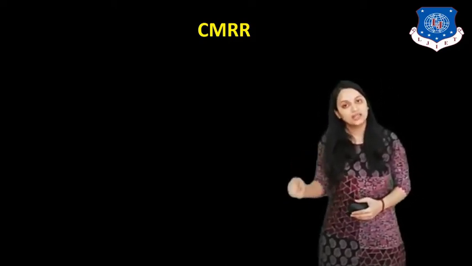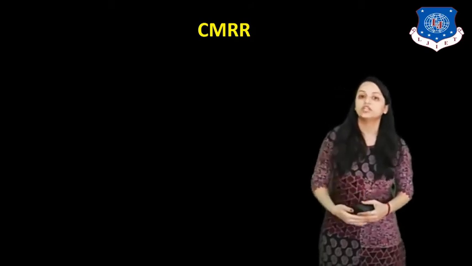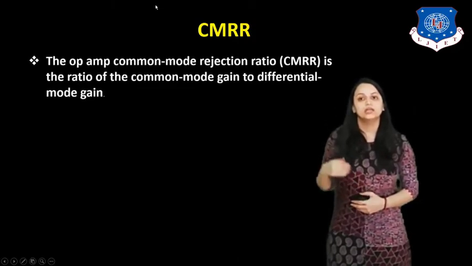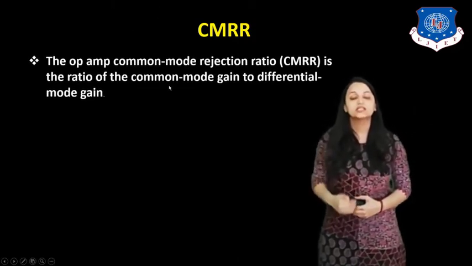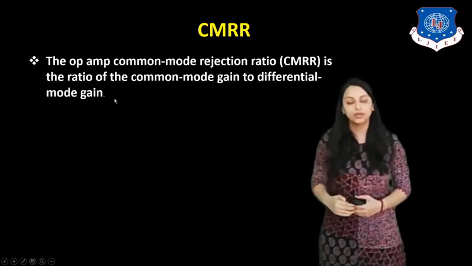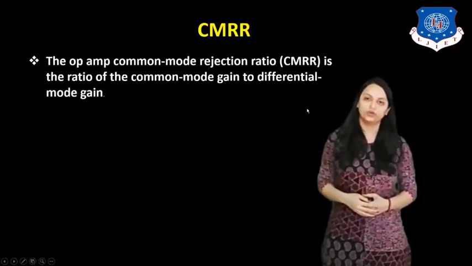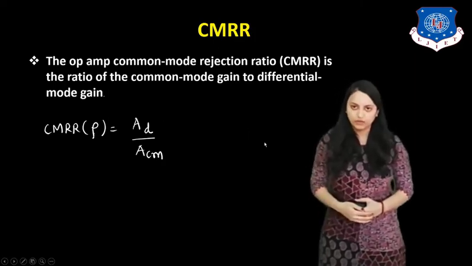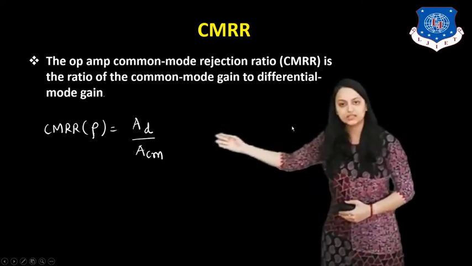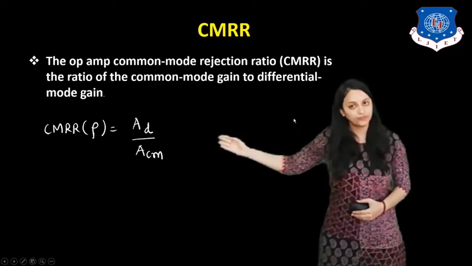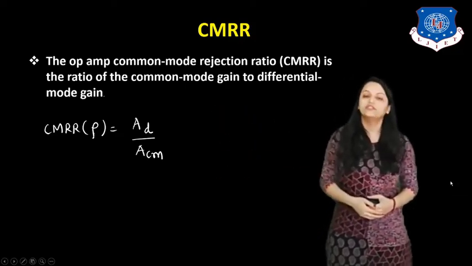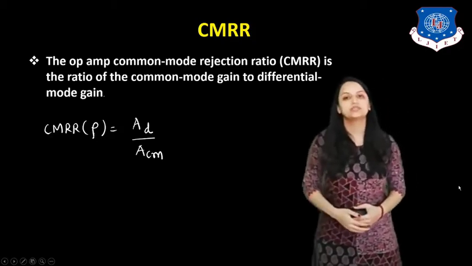If the two inputs are different, we call it differential mode operation. So, common mode rejection ratio: the op-amp common mode rejection ratio is the ratio of the differential mode gain to the common mode gain. We can represent it mathematically like this: CMRR is denoted as rho, equal to AD by ACM, where AD stands for differential gain and ACM stands for common mode gain.